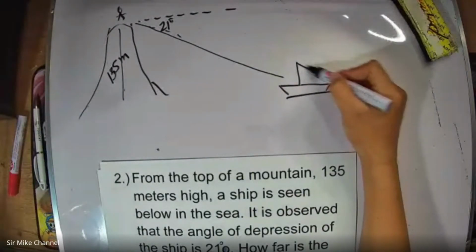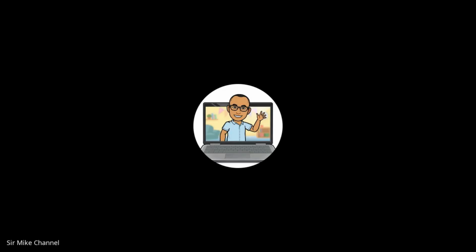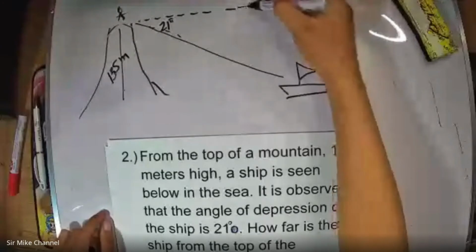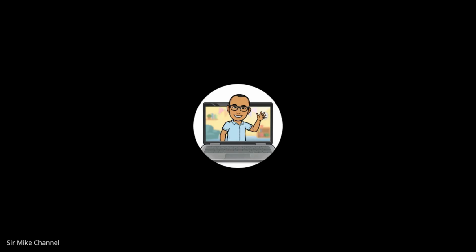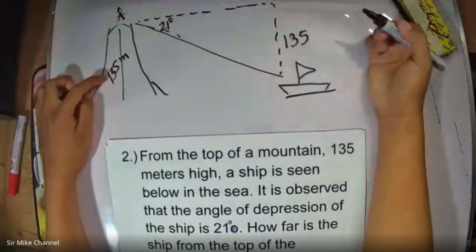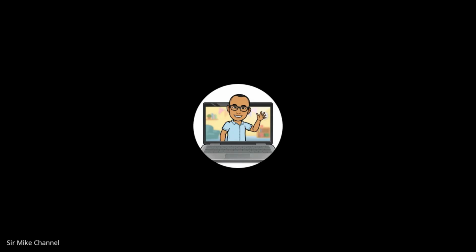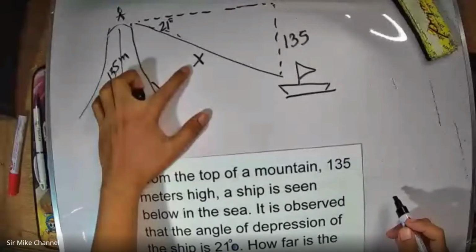How far is the ship from the top of the mountain? So they are asking for our line of sight. This is 135, and this one is also 135. The missing one is our line of sight, so opposite and hypotenuse.